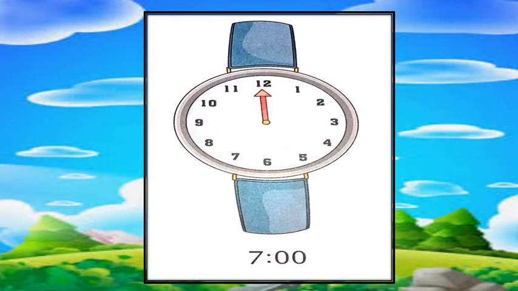Think in your mind, where should we draw the hour hand or short hand? Look, the time is 7. Means it's 7 o'clock. So, we have to draw the hour hand at 7.